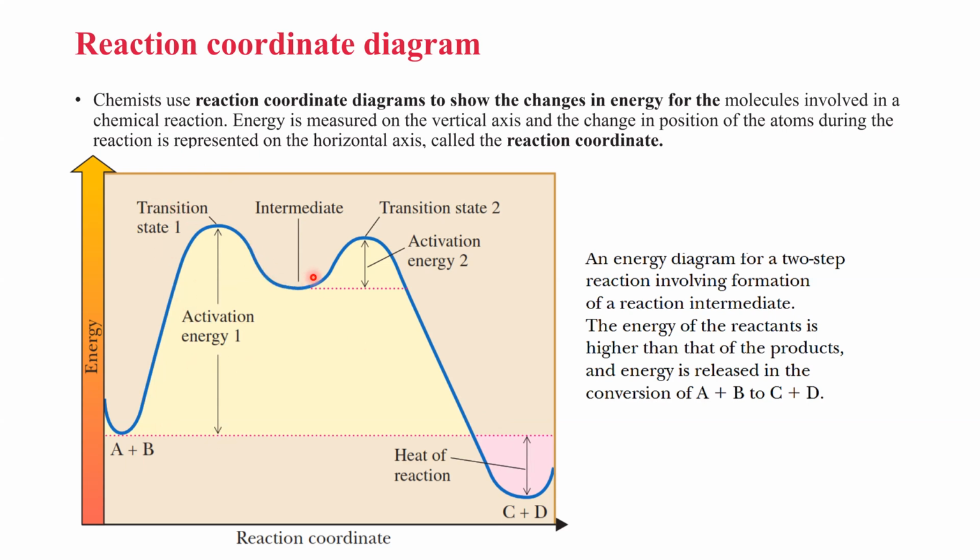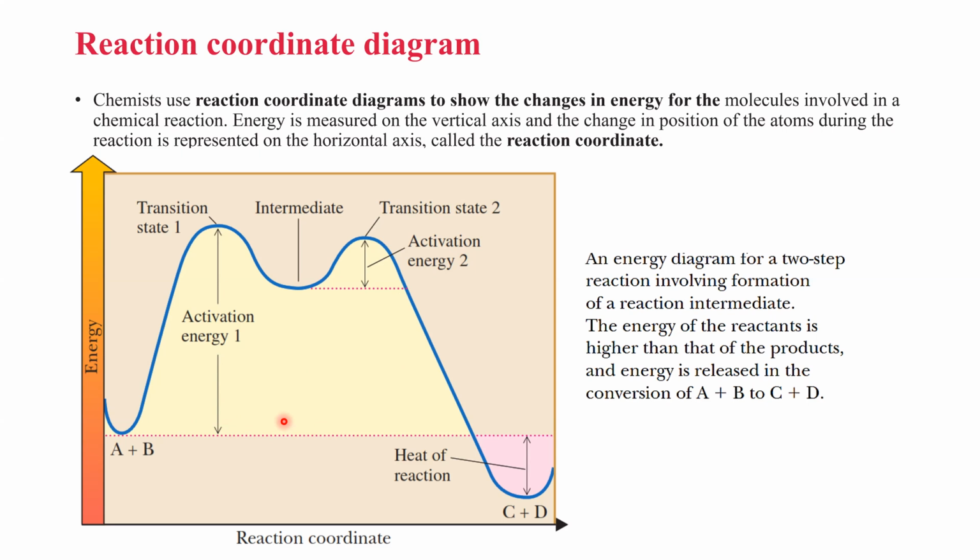Now the dip between these two heaps is the intermediate, and there is another transition state, two. Here, this has another activation energy if we compare from the intermediate. So this is activation energy two, right? Basically, this diagram gives you the idea of a two-step reaction.